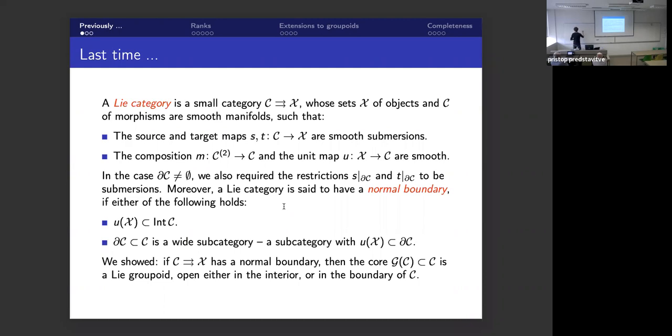So maybe I have to define what invertible means also. It just means there is a unique morphism such that the products g g-inverse and g-inverse g are the appropriate units.